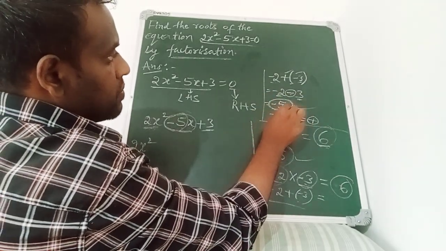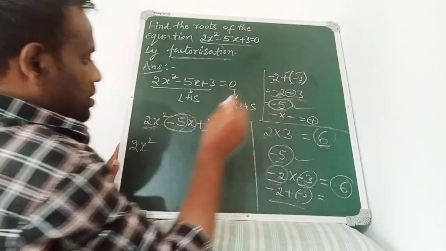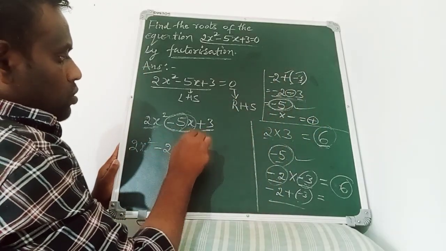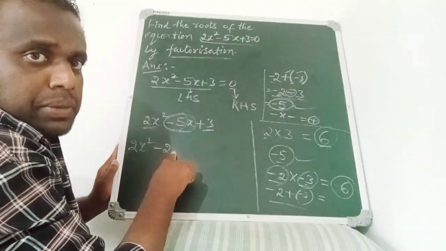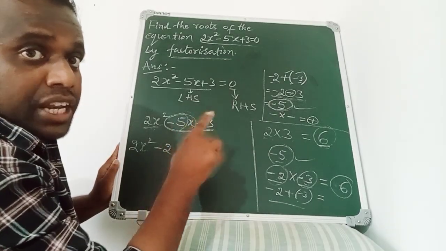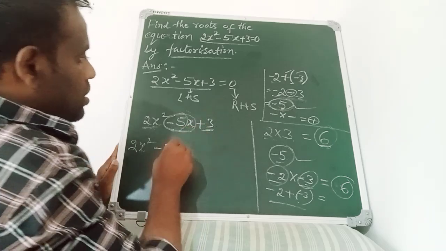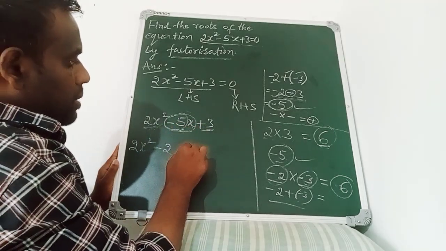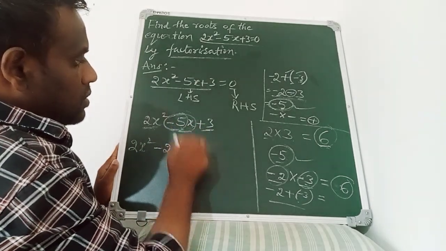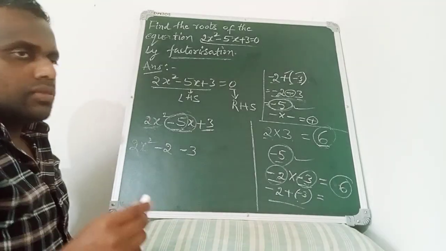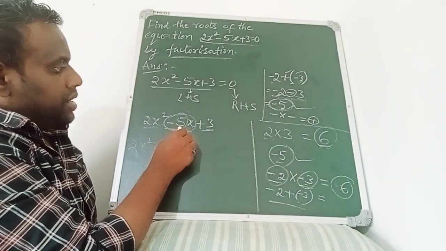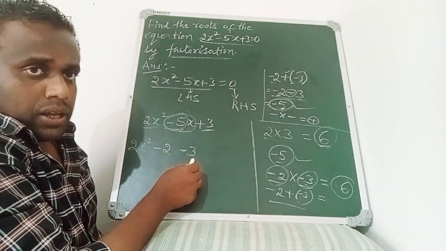So in place of minus 5 we can write minus 2 minus 3. Leave some space here because we have to add a variable. So in place of minus 5 I have written minus 2 minus 3.